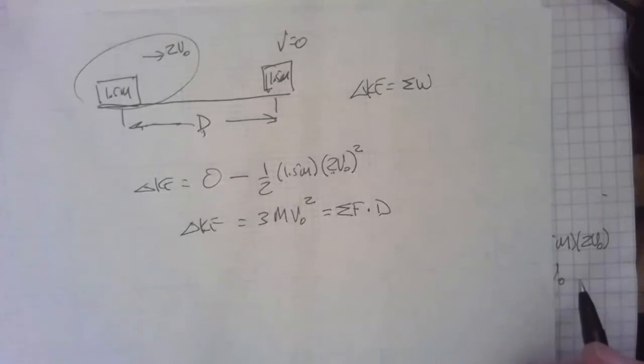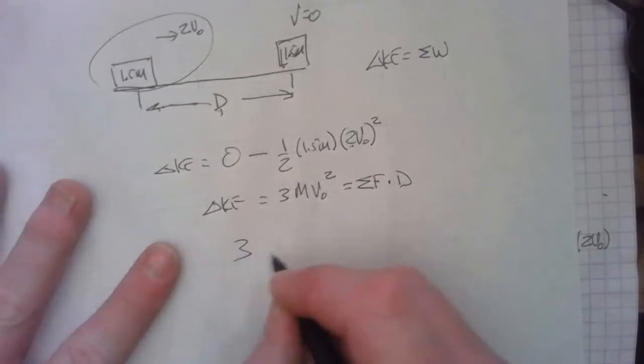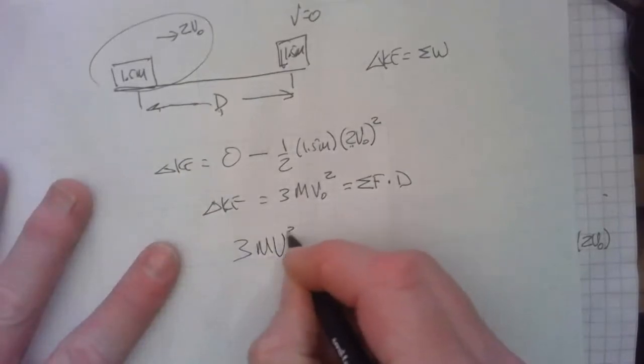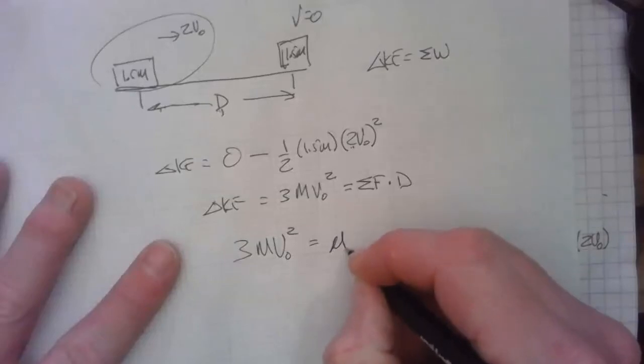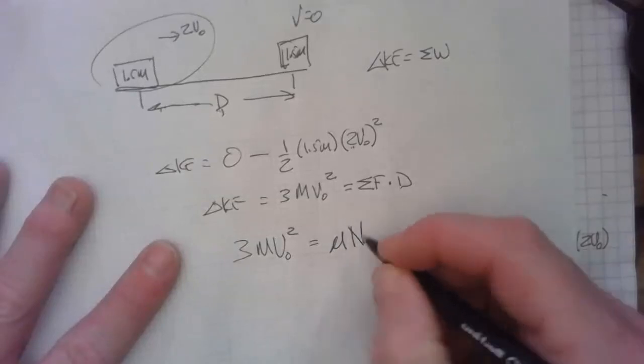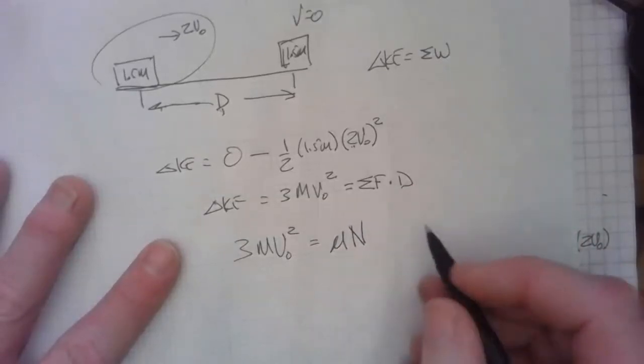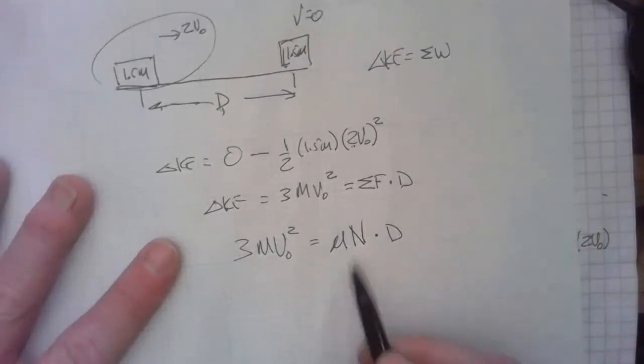Now we have to go to the equation that nobody remembers. No matter how much I teach it every year, nobody remembers it. Like, did we learn that? The force of friction is mu times the normal force, times distance.